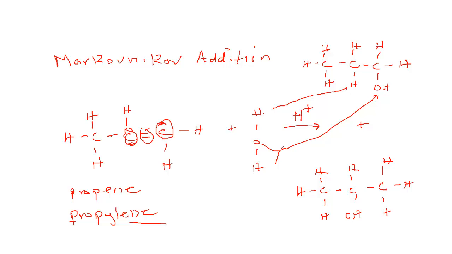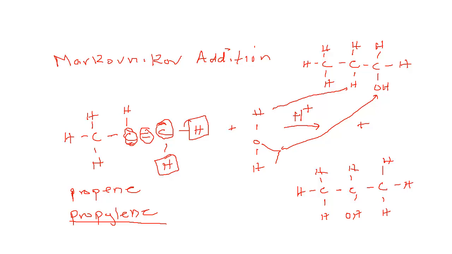Them that has gets. So the terminal carbon already has two hydrogens attached to it. So any additional hydrogen is going to attach more predominantly on that carbon. So that's what happens. This one up here is a minor product. This is not formed in the majority.